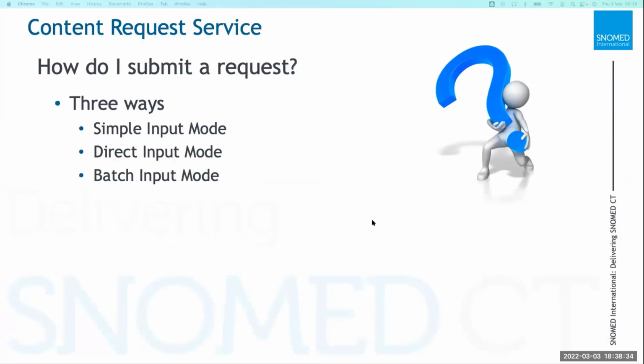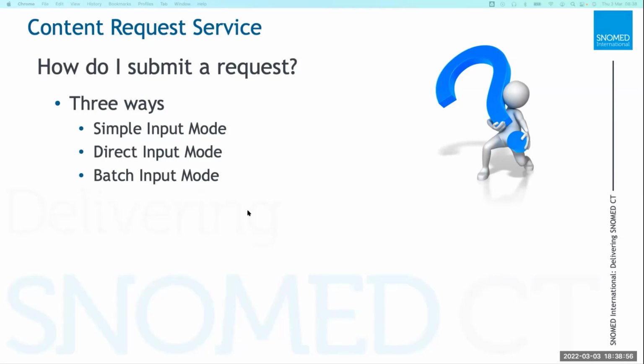So there are three types of requests. Generally, when you're first starting, you're just doing a simple input mode. The direct mode requires, and I'll show you a screenshot later on of direct mode, but it involves you having some authoring experience to be able to use that mode. And there's also a batch input mode.